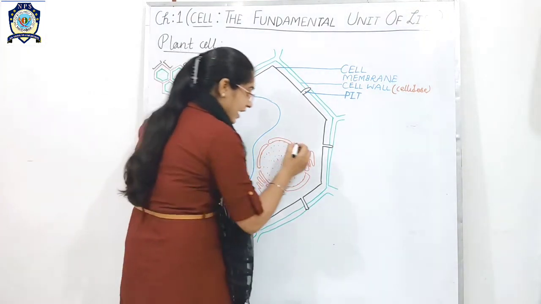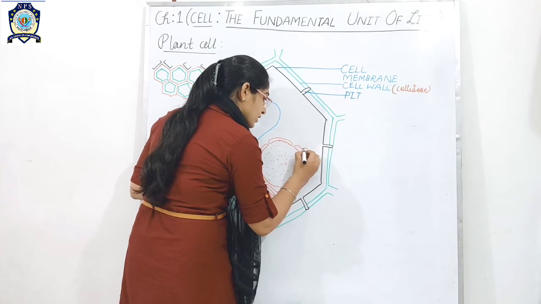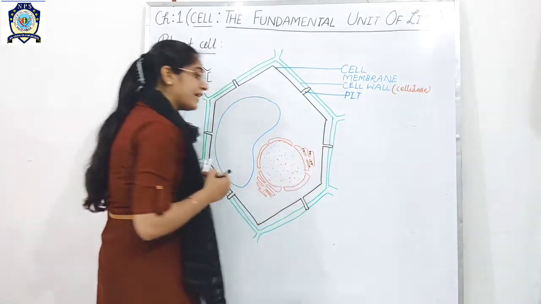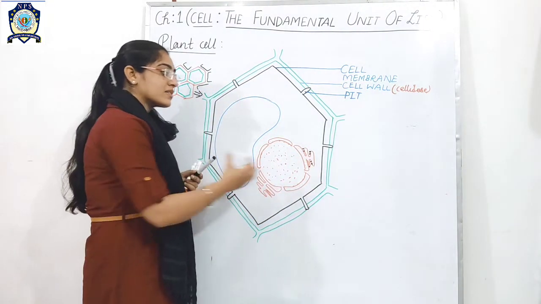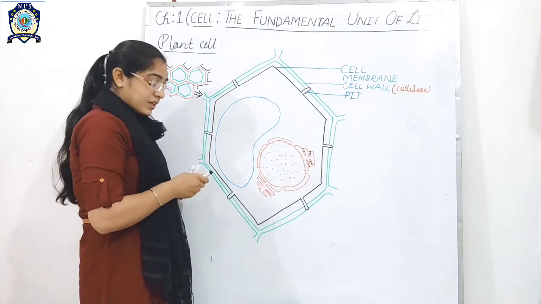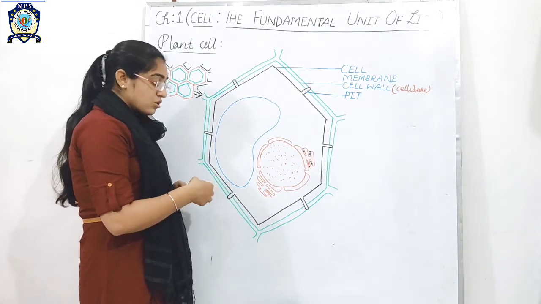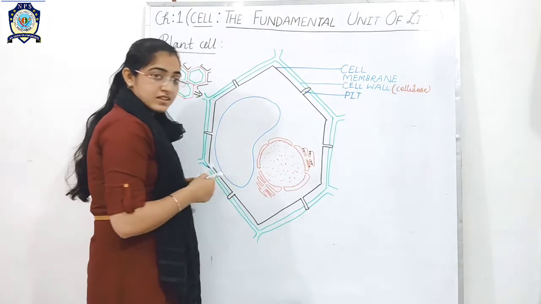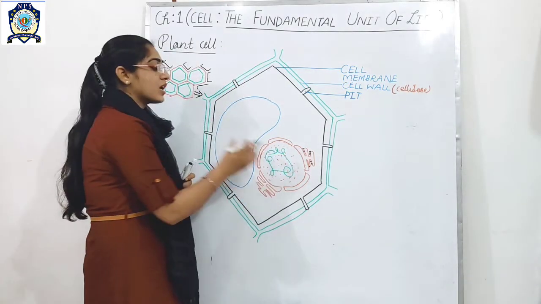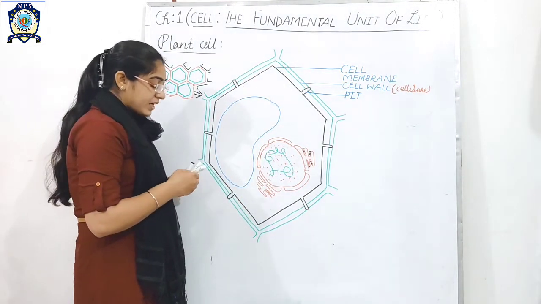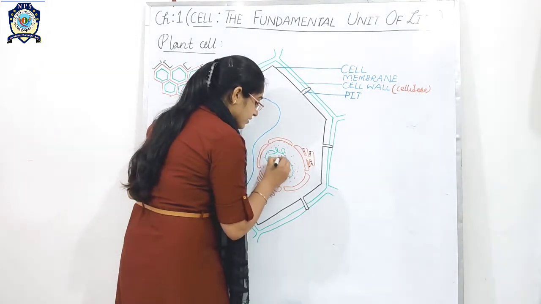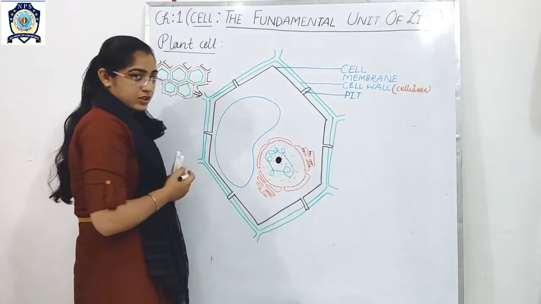So one has the ribosomes on it. You have studied that the endoplasmic reticulum which has ribosomes is called the rough endoplasmic reticulum. Also inside the nucleus there are thread-like structures which are called chromatin fibers, and in the center lies the nucleolus. So this is the nucleolus portion.